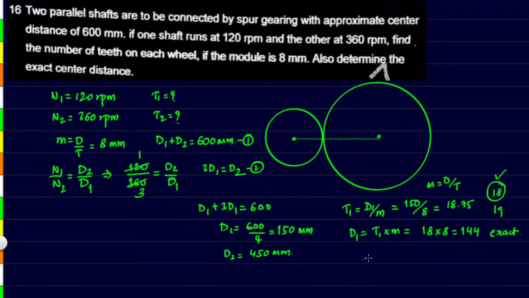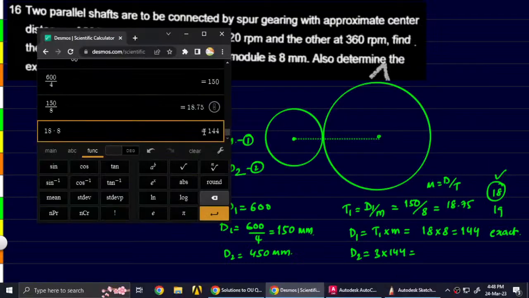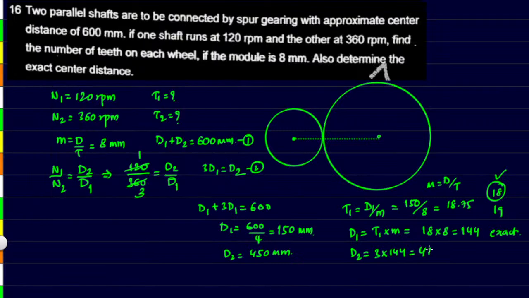This is the exact value of D1. And for D2, because we want to maintain the same velocity ratio, this relation still applies, and D2 is 3 times 144, that is 432. So these are the exact diameters.